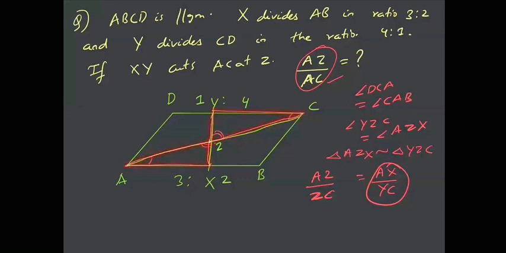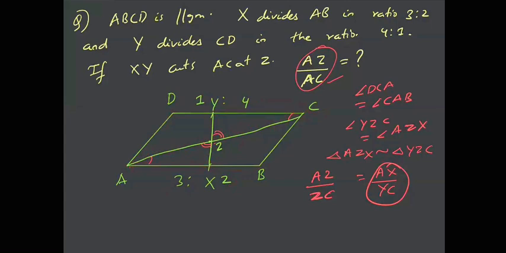So then I can write AZ over ZC is nothing but equal to AX over YC, right? Now, what I'm saying is we can't directly tell that AX over YC is 3/4, okay? Because AX over XB is 3/2, whereas CY over YD is 4/1, but we can't say that AX over YC is 3/4 directly.